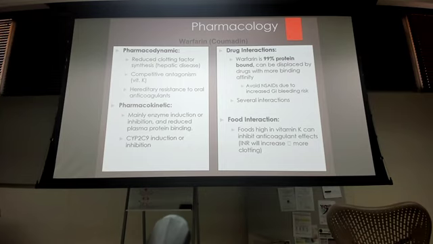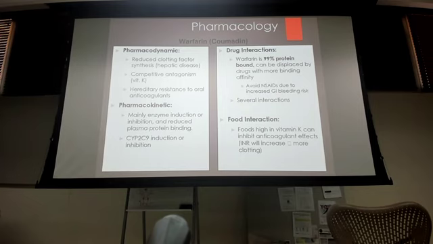So NSAIDs are going to elevate bleeding risk. We've talked about NSAIDs. They always elevate bleeding risk. So obviously if you have an anticoagulant on board, you need to be careful with concurrent NSAID use. Food interactions. We said that warfarin inhibits which factors? The vitamin K dependent factors.